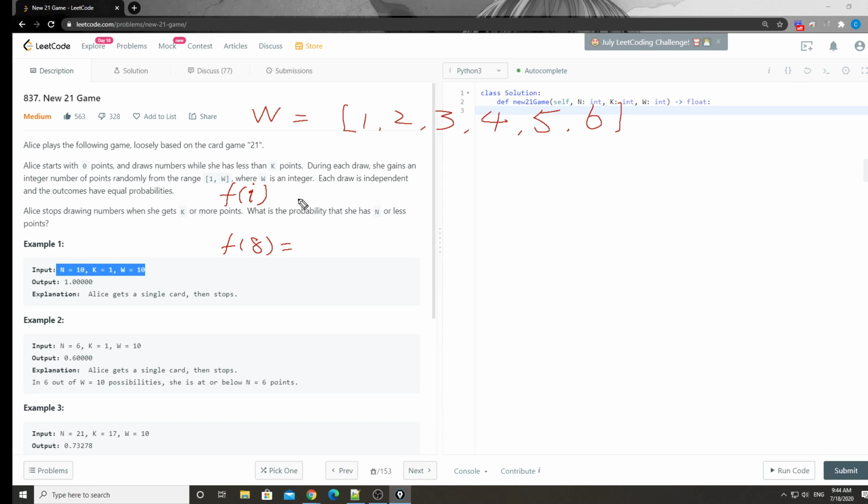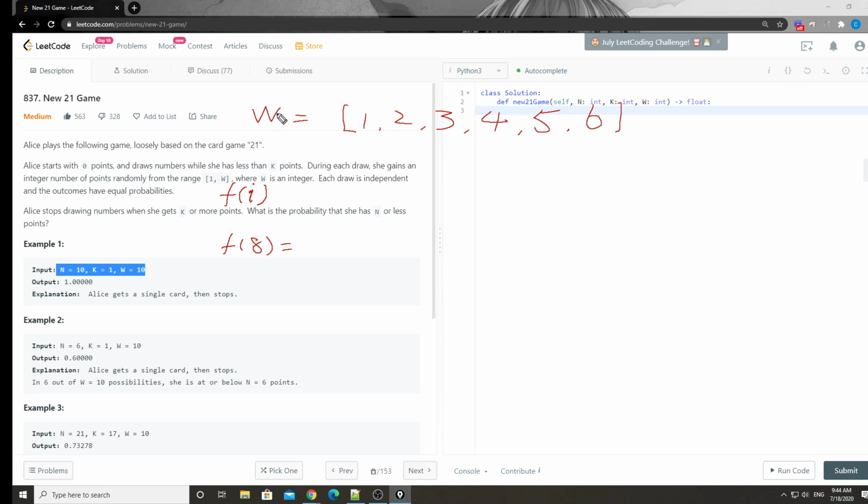If you take a look, how many ways can we get to 8? We can draw from either 1 to 6, so basically we'll have 6 ways.